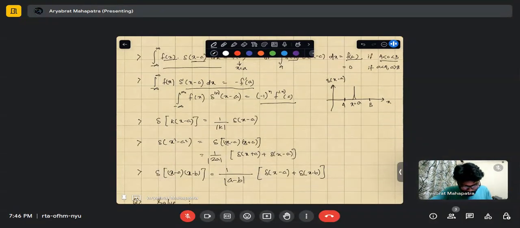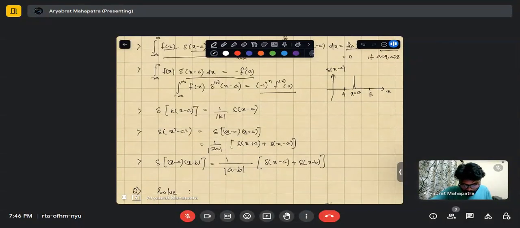And when you have delta function of k times x minus a, you can write it as 1 over mod k delta x minus a. When you have delta function of x square minus a square, you can express it as delta x plus a and x minus a in this way.